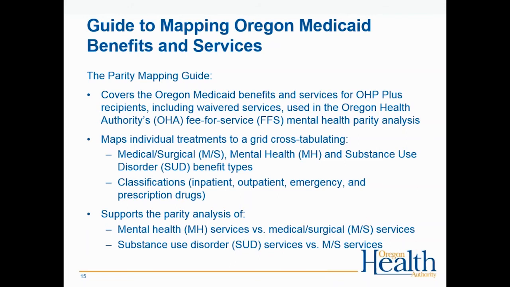This guide maps individual treatments into a grid that cross-tabulates the med-surg, mental health, and substance use benefit types, and a cross-pattern with inpatient, outpatient, emergency, and prescription drugs. And this bucketing guidance provides a basis for the analysis of parity between mental health and med-surg, and between substance use disorder and med-surg. Those are the comparisons that we'll be looking at in terms of assessing parity.